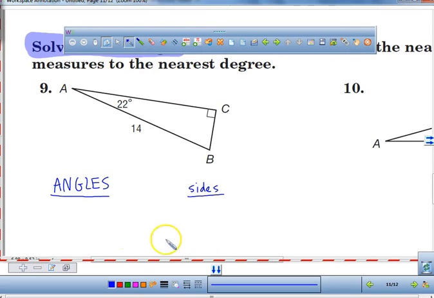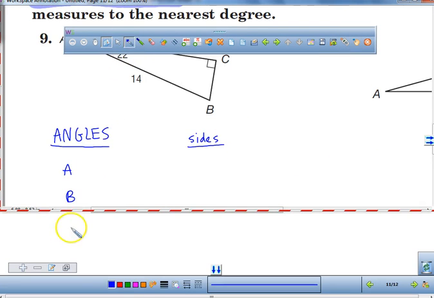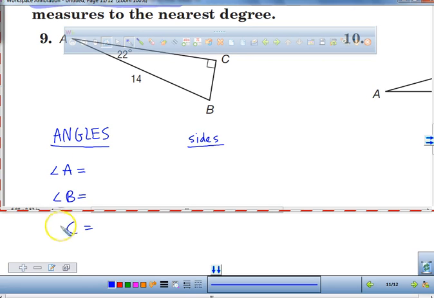The angles of the triangle are angle A, angle B, and angle C. Now the book does a really nice job of writing cool angle symbols. I don't, so you'll always notice I put a little arc right here to help you understand that's an angle, not an L. Okay? So angle A they've given us is 22. Angle C, they've basically given us that too, that's 90.